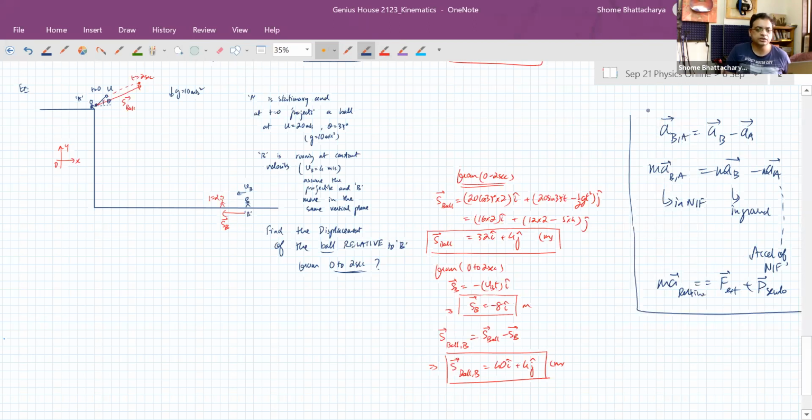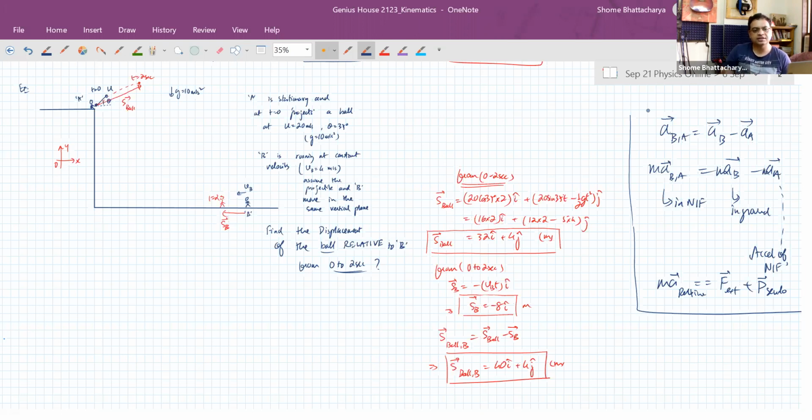Okay, but this is the logic of adding that. Apart from the fact that intuitively you can understand that when you are in a non-inertial frame, your body experiences pseudo force. Just like when you're sitting in a bus and it's at rest, but suddenly it accelerates, your body feels pushed backwards. Or you're moving in a bus at uniform velocity, and when it suddenly brakes, you feel that push forward. That is the physical experience of pseudo force.